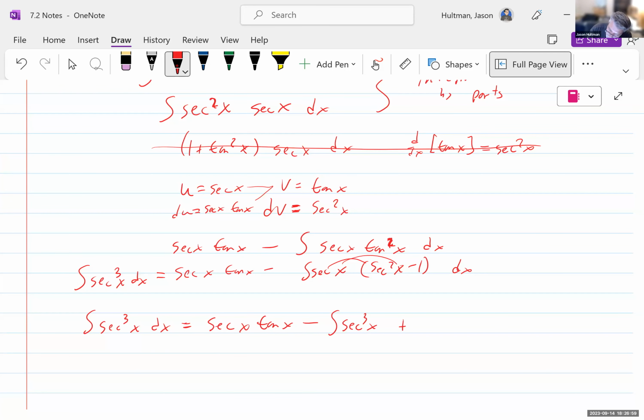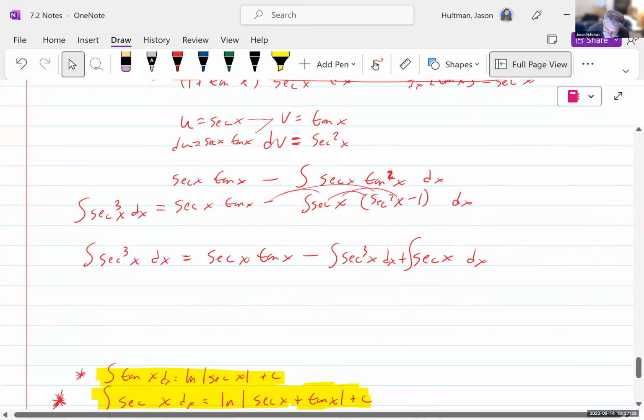plus, if I distribute the negative as well, plus secant x dx. And I'm actually going to turn these into two different integrals. Okay, nice. And we're so close to being done. How are we so close to being done? Well, I have this secant cubed x, so I'm going to add that to both sides.